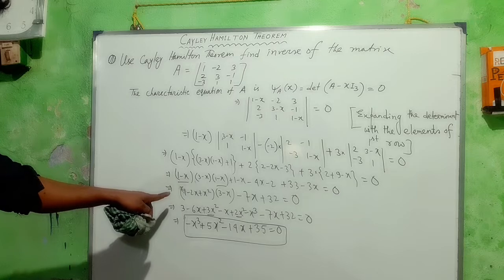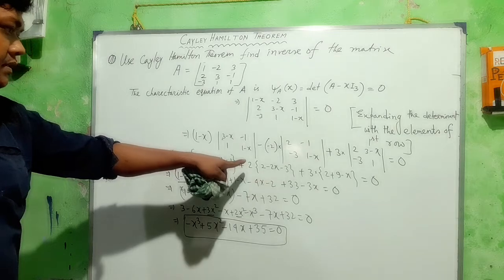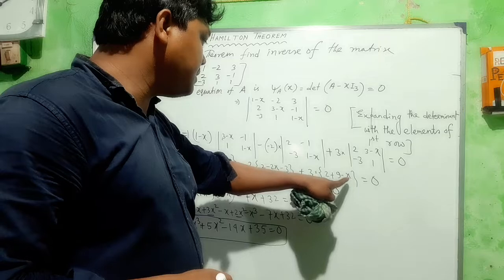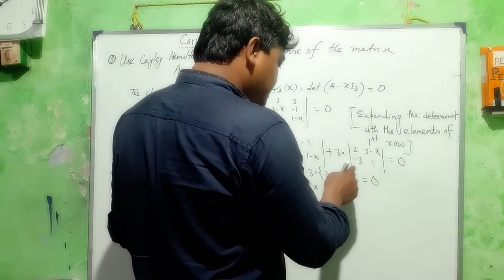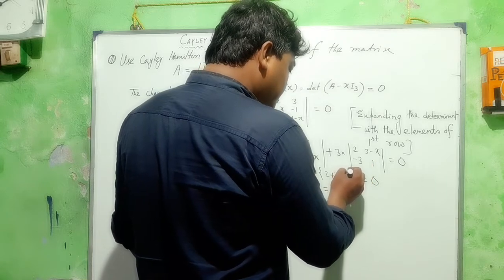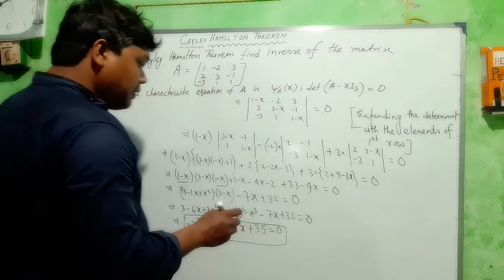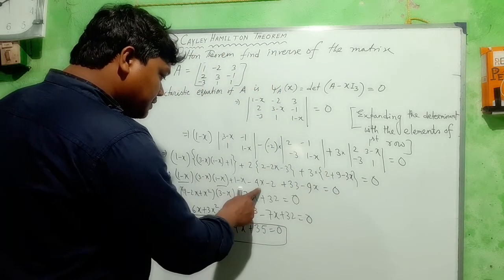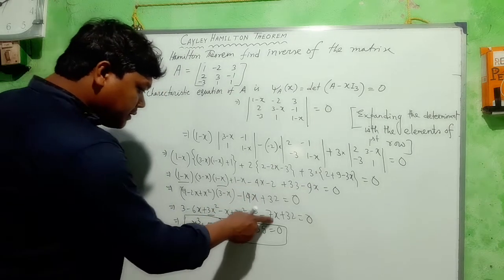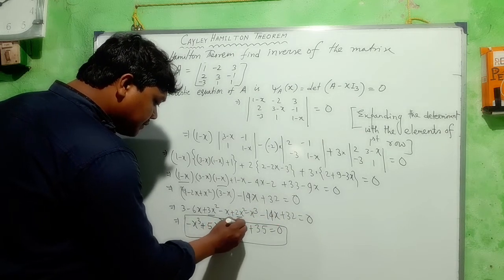2 minus 4x minus 3x, okay, 2 minus 3, that is minus 9, 2 plus 9 minus 3x, so that gives minus 9x, okay, 9x minus 4x, 13x, 14x, that gives minus 21x, okay.